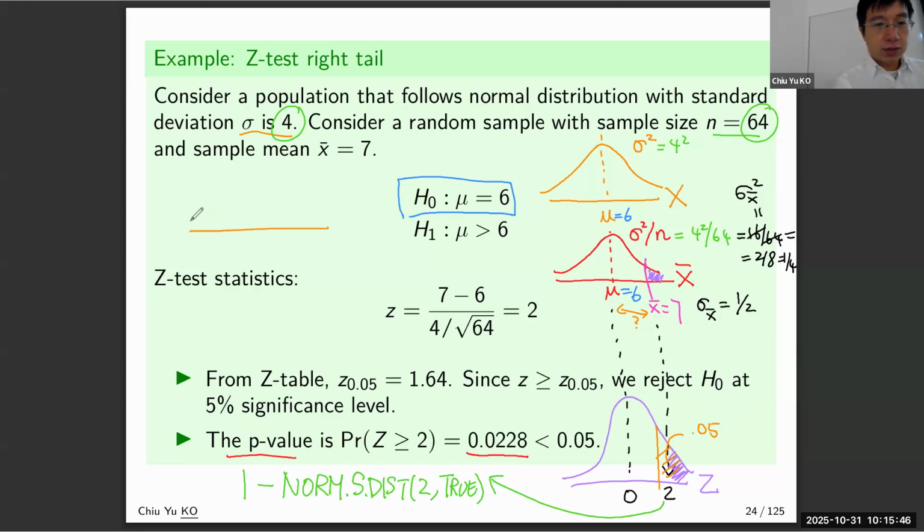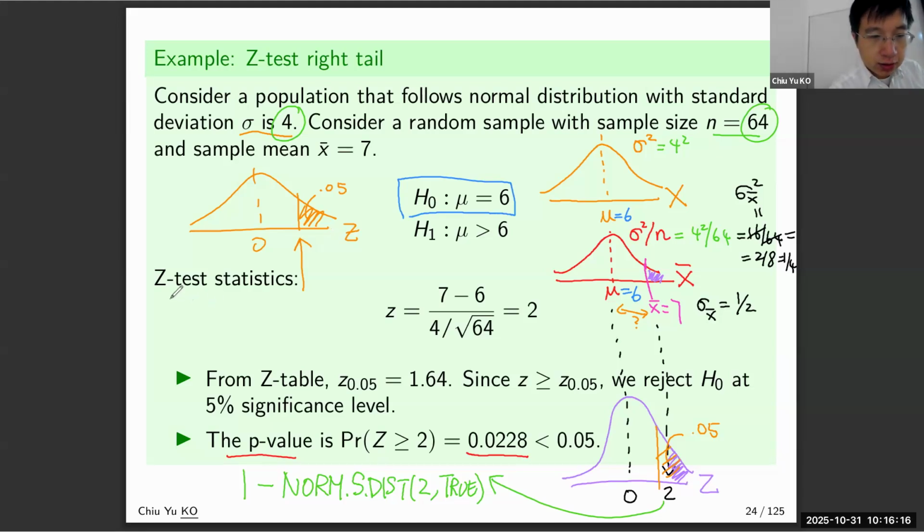Let's set this as 0, and you want this area to be 5%. What's this number? If you go from area to the number on the horizontal axis, it's called inverse. So the right-hand side is 5%, the left-hand side is 95%.